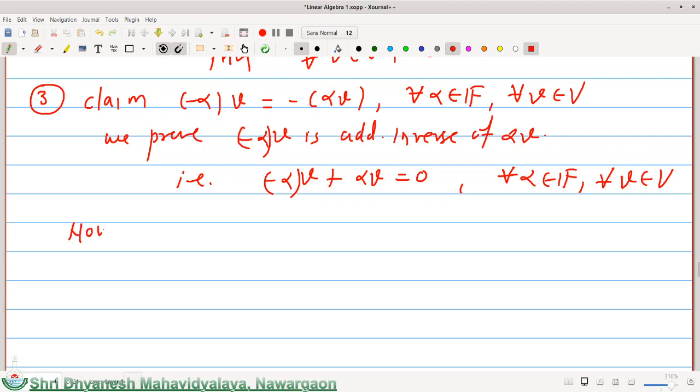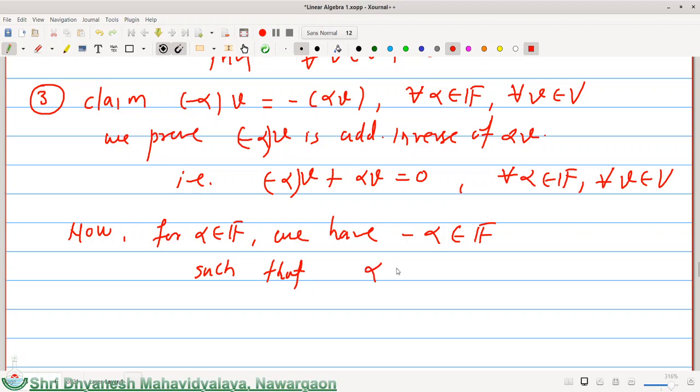So now for alpha belongs to F, as F is a field, minus alpha will be there in F, so that alpha plus minus alpha is equal to the identity element, that is 0.